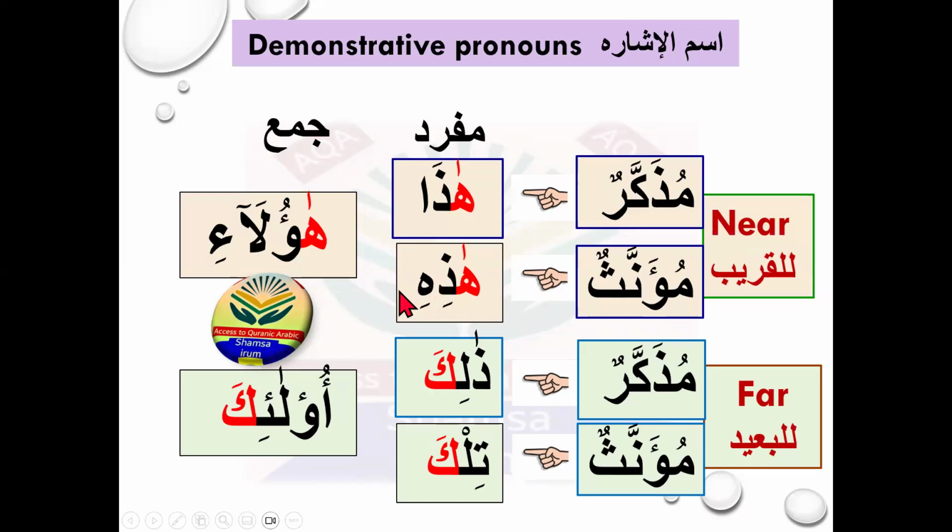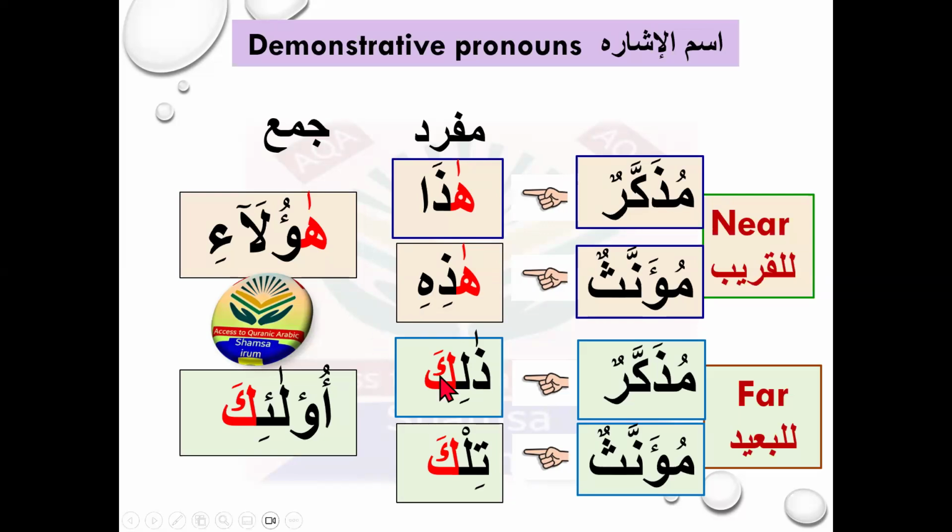I will repeat it again. You can learn by this: hadha, hadihi, haulai. What is similar in all these words is the letter ha. So the letter ha comes in all these words. When ha comes in those words, it means it is ishara for near, ishara lil qarib.